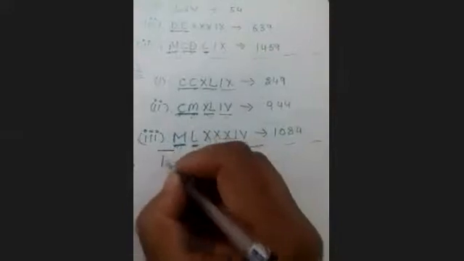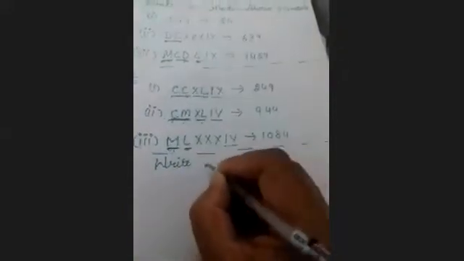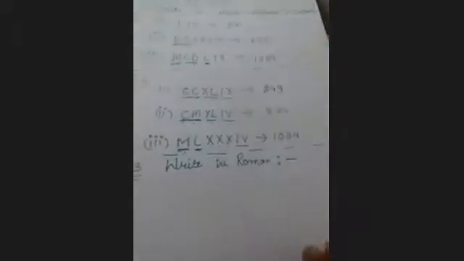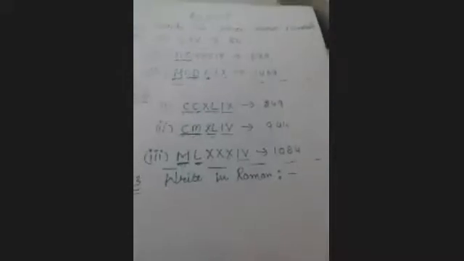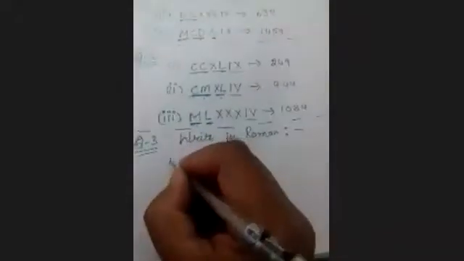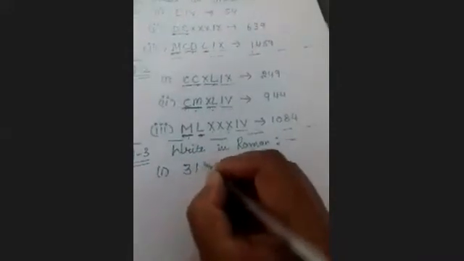Now, the third question of exercise 1.5: write in Roman numerals. The first number is 319.